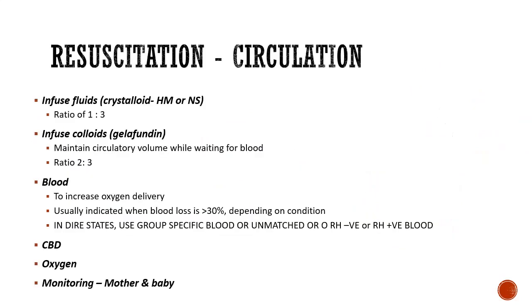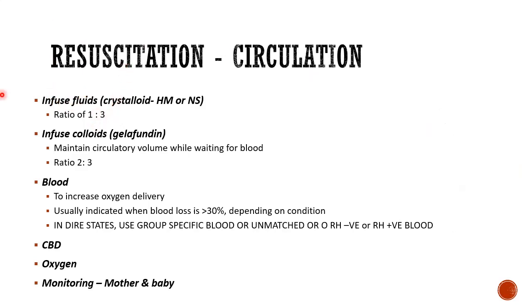When we talk about fluid resuscitation, we need to replace the volume in your body, your blood volume. You have red cells, you have plasma. When you lose your blood, you need to replace it with volume. But remember, the fluids that we give are not equal to the blood that we have, and blood will also take time.